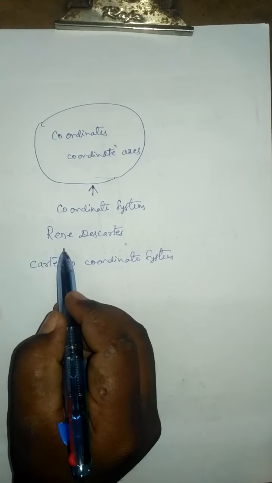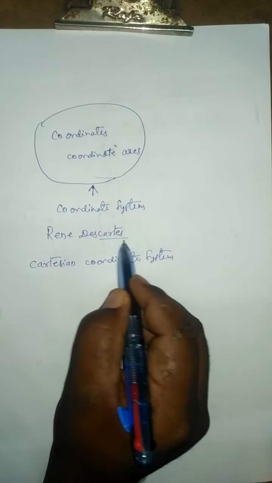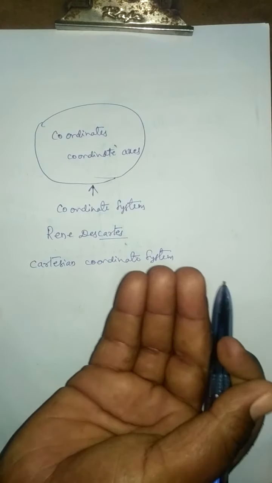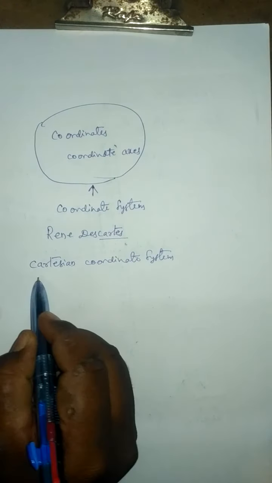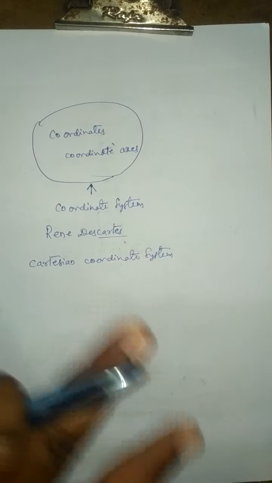Here, René Descartes, C-A-R-T-E-S, Descartes, his name we study in the form of the Cartesian coordinate system. Cartesian coordinate system means a plane surface with coordinates.